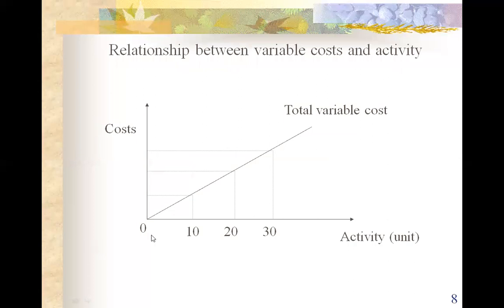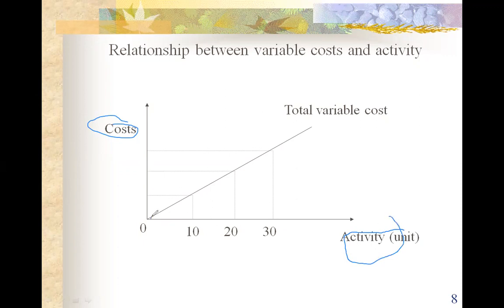দেখেন আমরা এখানে এই চারটা আগে দেখাই, ভেরিয়েবল কস্ট আগে দেখাই, তারপরে ফিক্সড কস্ট দেখাচ্ছি। দেখেন, see here, this is the cost, this line is cost. Okay, this line is cost and this line is activity or unit. Okay.